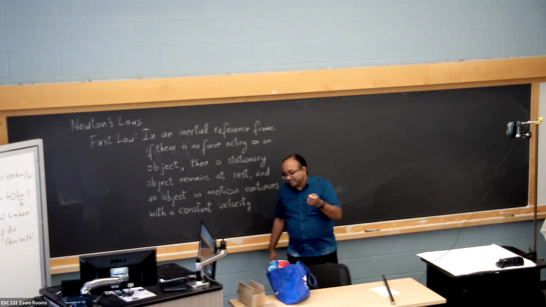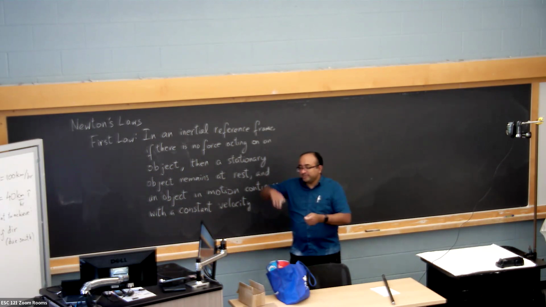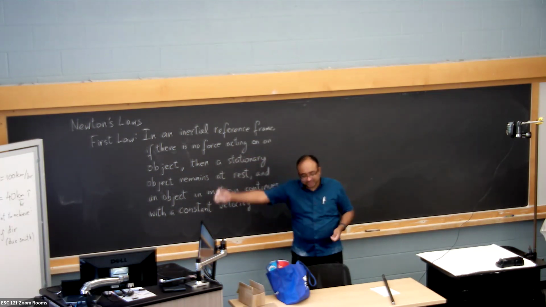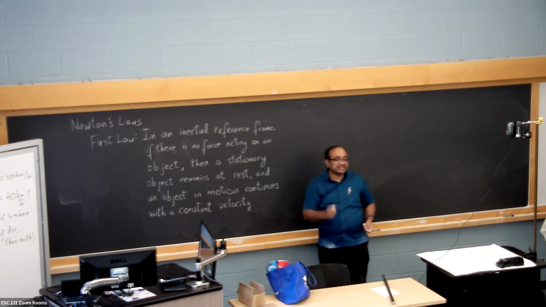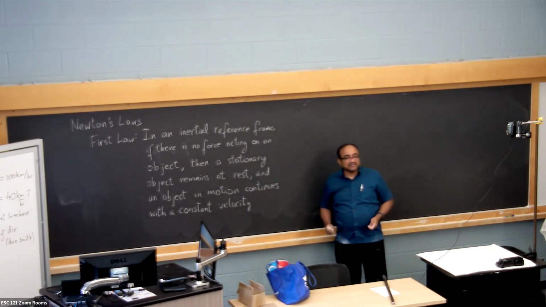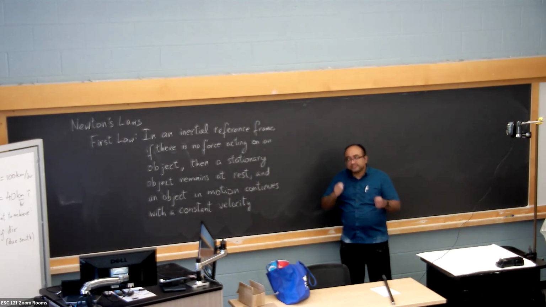When you go beyond Newtonian mechanics, to special relativity, and then beyond that to general relativity, we change the definition of inertial reference frames to basically something that is falling freely under gravity. And so according to Einstein, that would actually be an inertial reference frame. But that's because gravity is a special force.